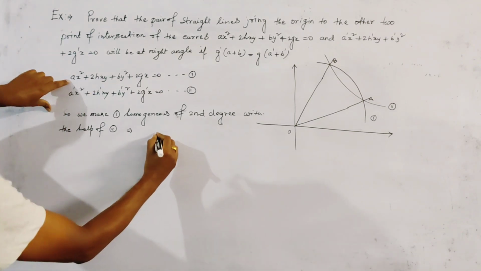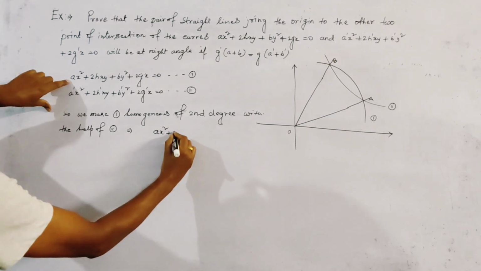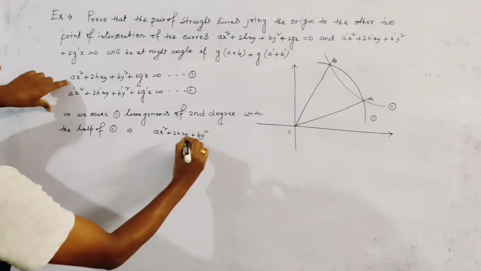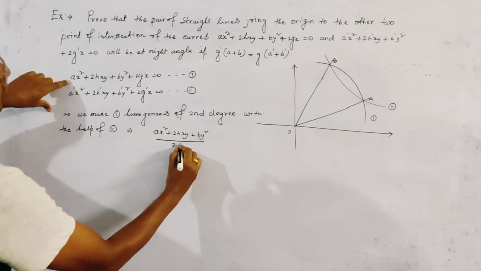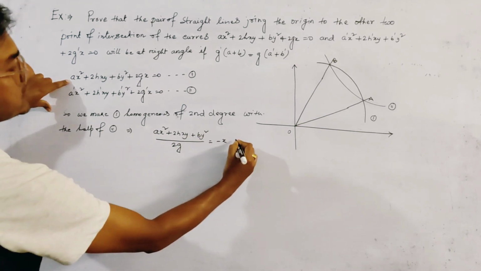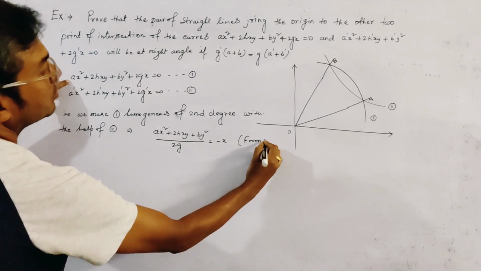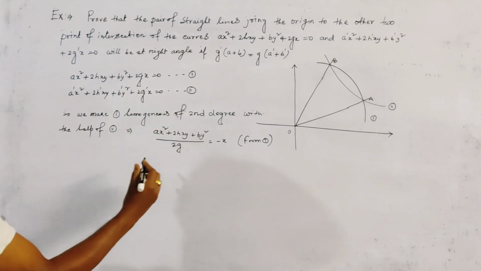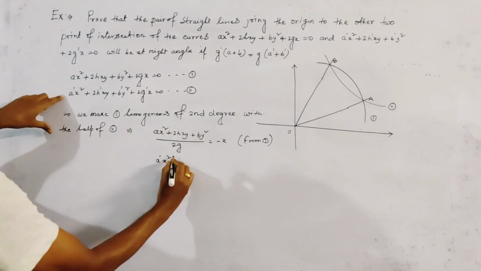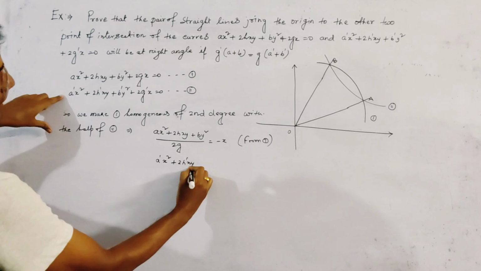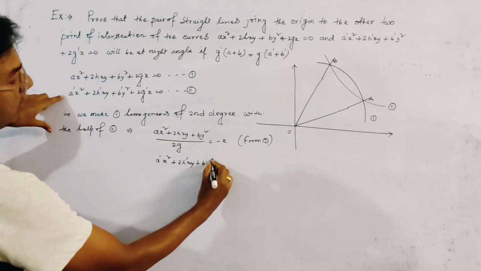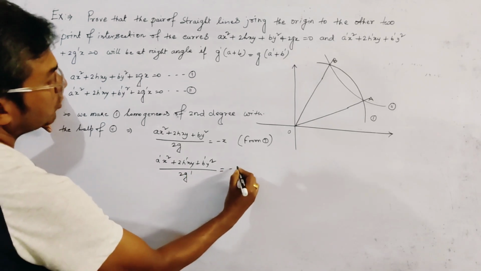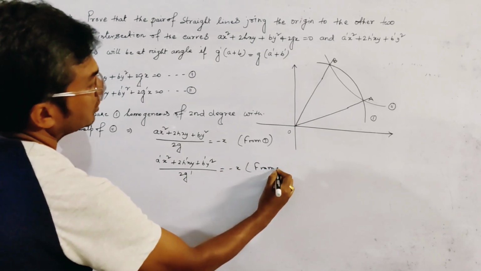How to make 1 homogeneous with the help of 2? We first find (ax square plus 2h xy plus by square) by 2g, and this is equal to minus x. This is from 1. And now from 2 we get (a dash x square plus 2h dash xy plus b dash y square) by 2g dash, which is also equal to minus x from 2.